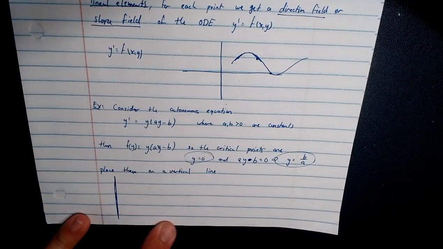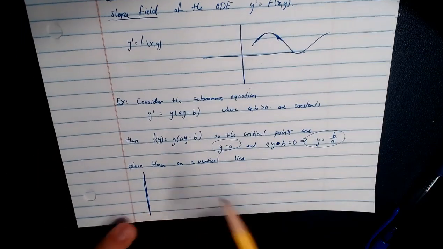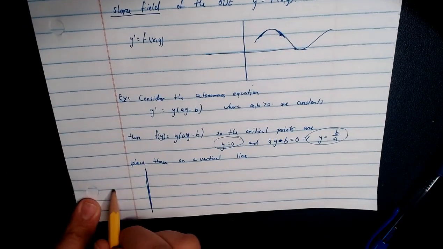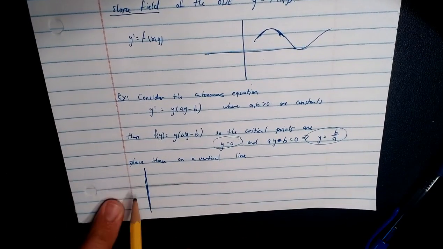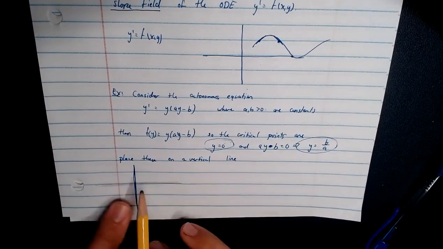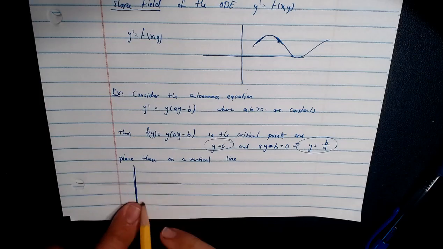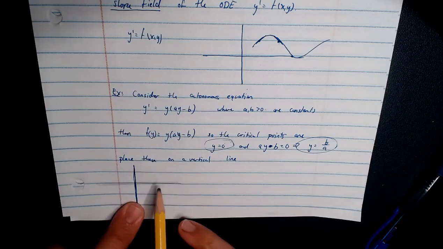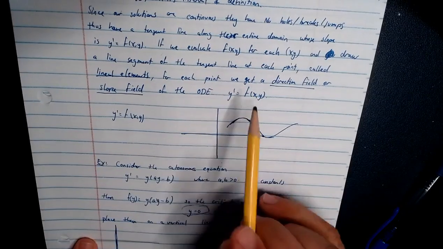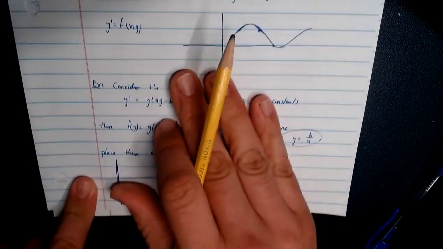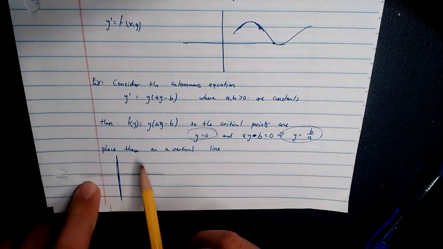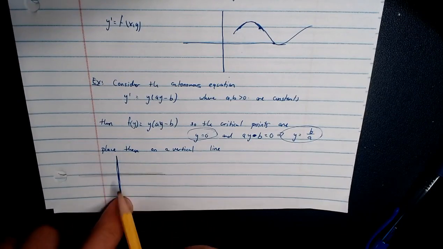It's the y-axis. Here, what you want to visualize is that this is like the y-axis. Well, what happened to my x-axis? I'm going to draw it here for now, just for the visual, but we're not actually going to care about it. Just the y-axis. Well, okay, why do you have an x and a y-axis all of a sudden? Well, just like before, we're going to consider a slope field, which we're going to consider over a plane. Oh, okay, so that's your plane, but why do you only care about the y value?